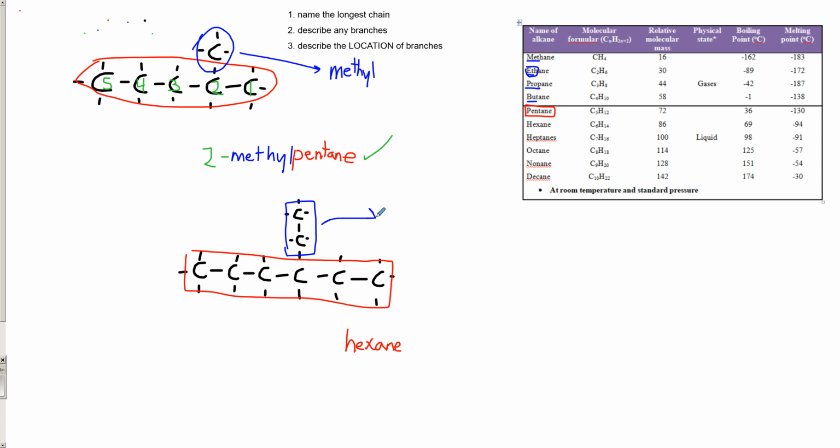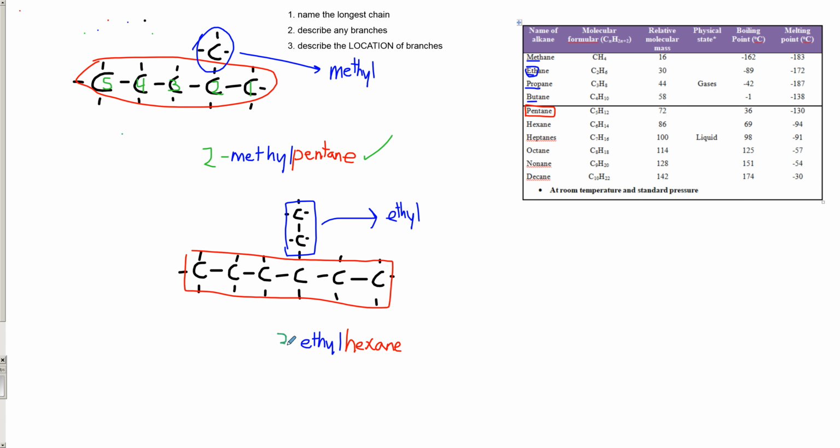So I'll throw ethyl in front here, and we've got ethyl hexane. Now we have to talk about where the branch lives. It could either be 1, 2, 3, 4, so 4-ethylhexane, or it could be 1, 2, 3, so 3-ethylhexane. Since 3 is a smaller number, we're going to go with 3-ethylhexane.